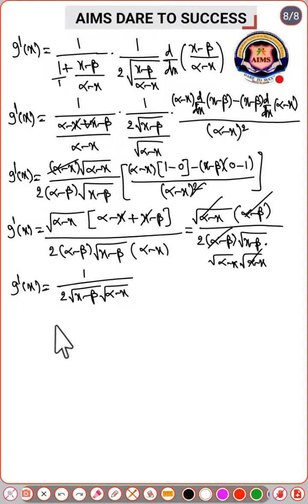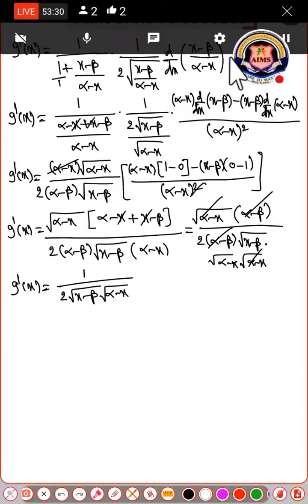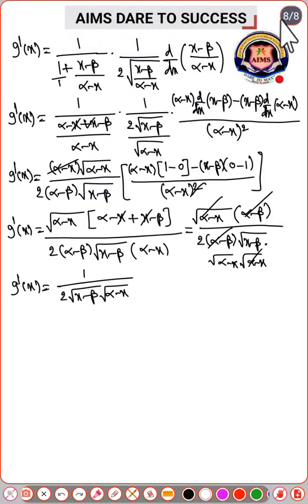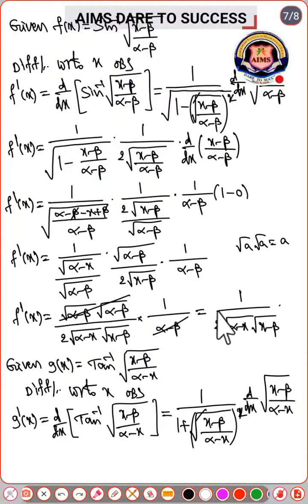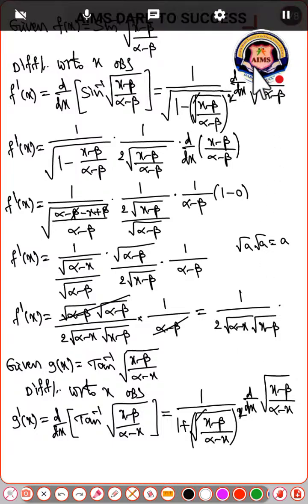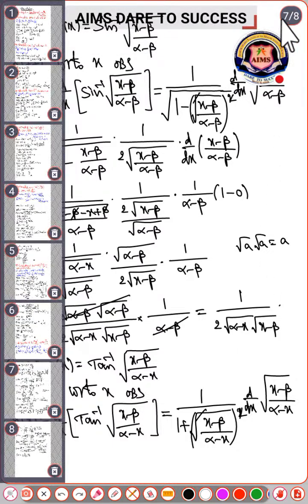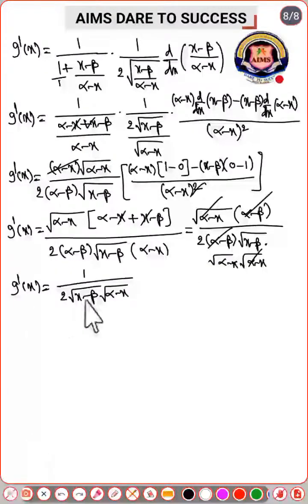Okay, g dash of x value we have completed, and we can check first of all f dash of x is 1 by 2 root alpha minus x into x minus beta, as well as g dash of x also the same value.